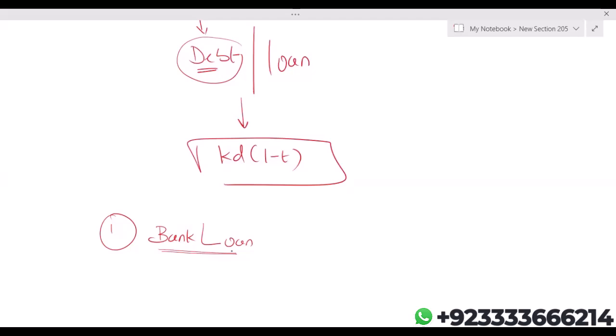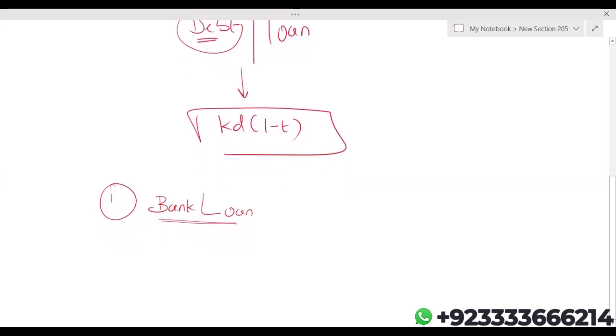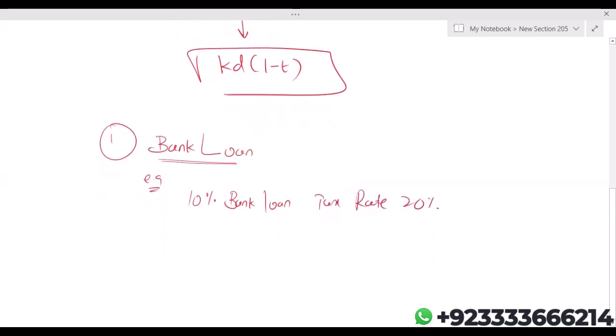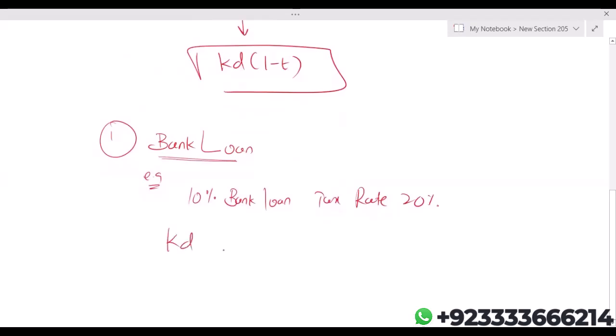Now, how do we calculate KD(1 minus T) in case of bank loan? That's very simple. For example, if there is a 10% bank loan, and let's say the tax rate is 20%, very easily we can calculate KD(1 minus T).